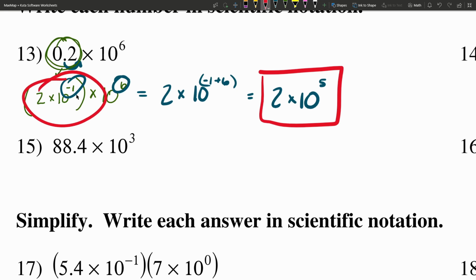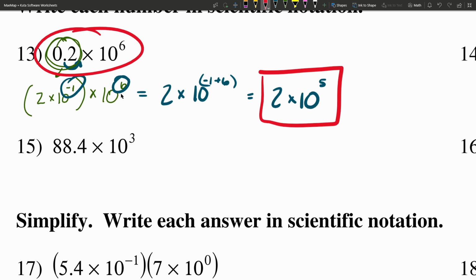Now, if this part confused you, where I rewrote the number in scientific notation first, let's start by converting this number to standard notation and then converting it to scientific notation. So going a different route, we're going to take that 0.2 times 10 to the 6th and write it out. That's moving the decimal place 1, 2, 3, 4, 5, 6 times.